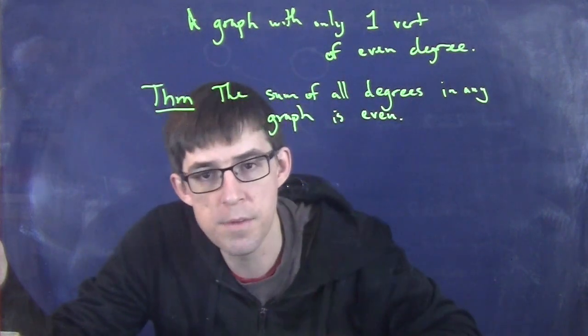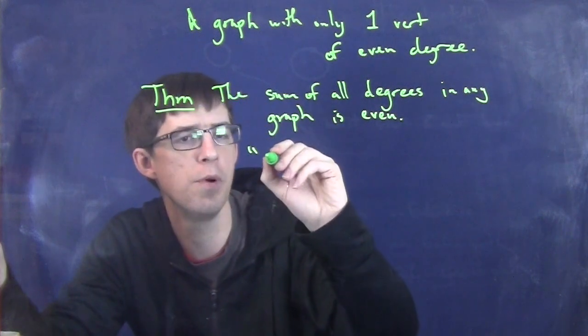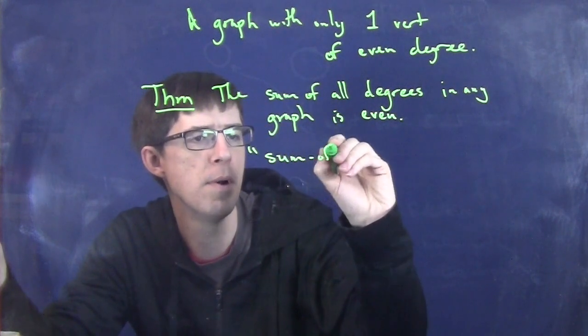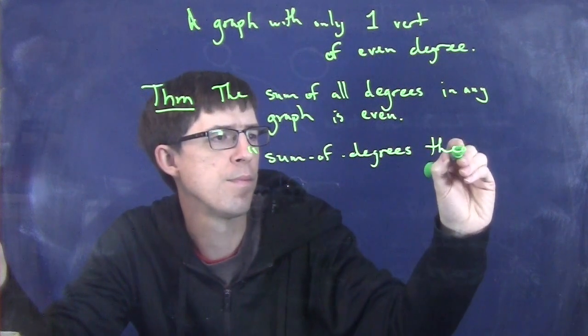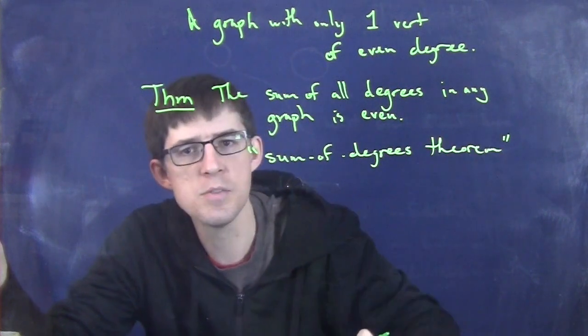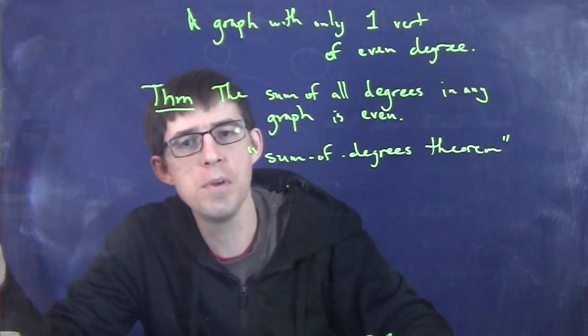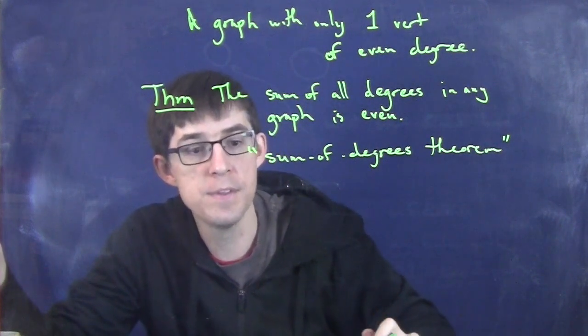This is referred to as Euler's sum of degrees theorem. It says when you add up all the degrees in a graph, the sum is always even.